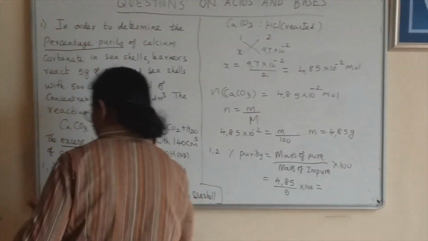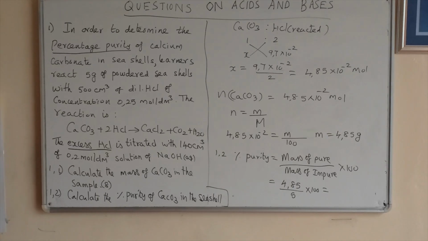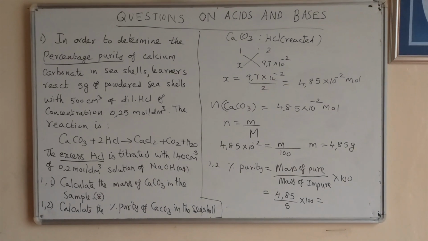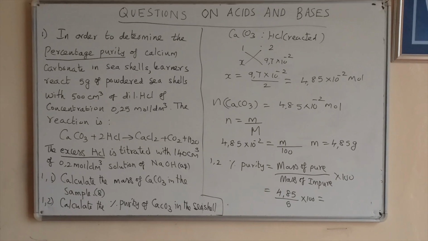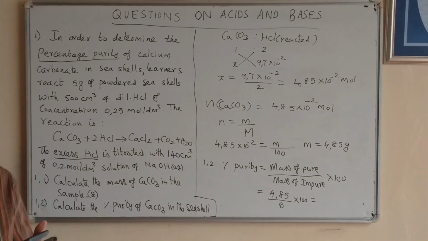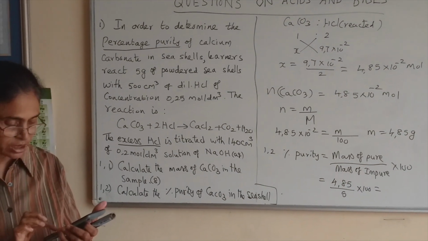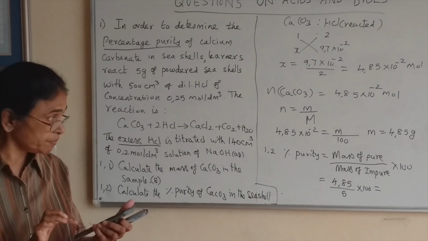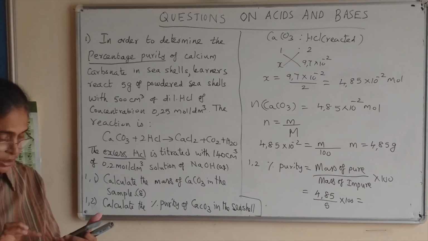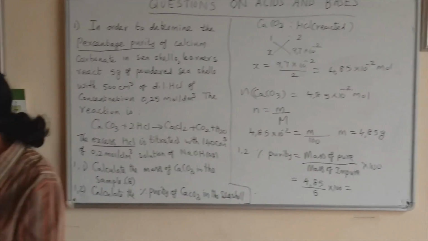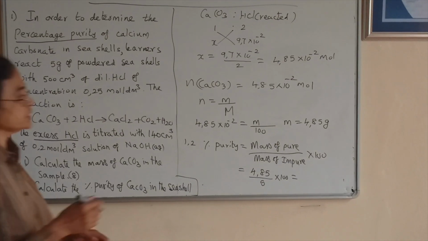Let's do the calculation. See what you get here. 4.85 divided by 5 times 100. What is the percentage here? Which is 97%.